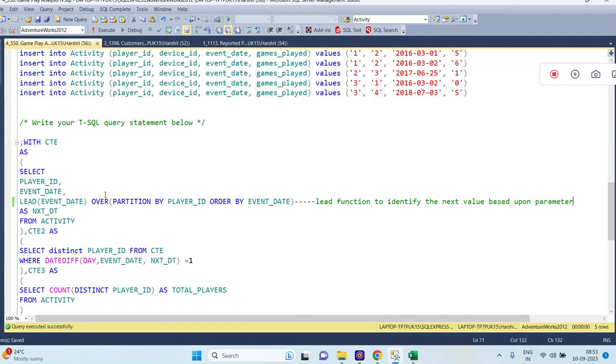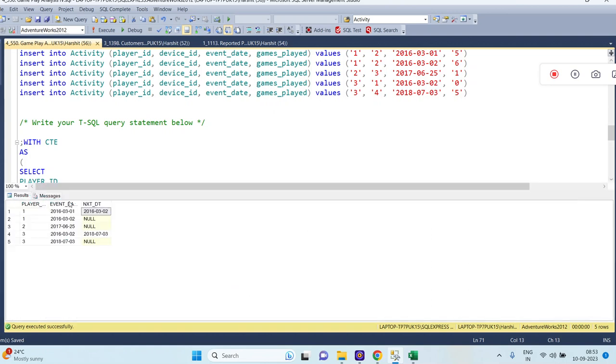So here event date is given, right? If you see, this is the first March, then this is the second March, so that second March will come over here. Then for this user there is no next value, so it will be null, and for this the next value will be 3rd of July.